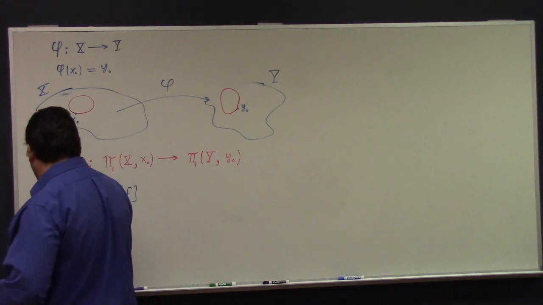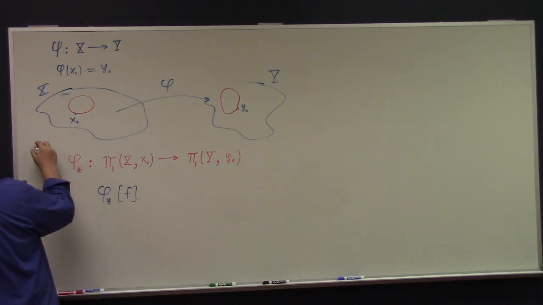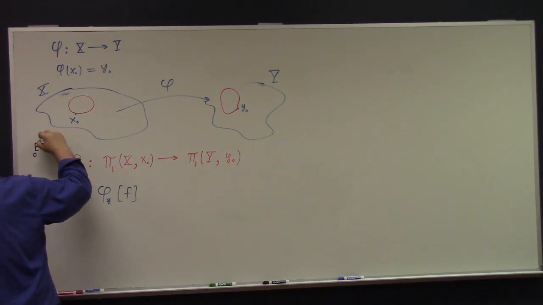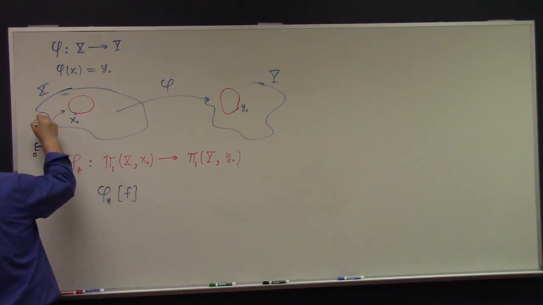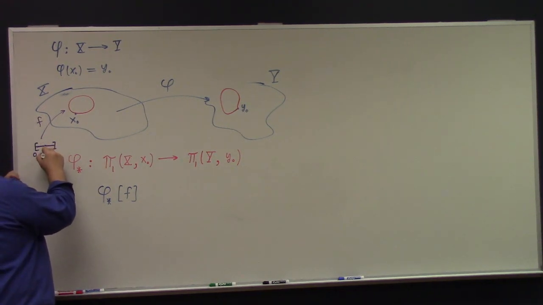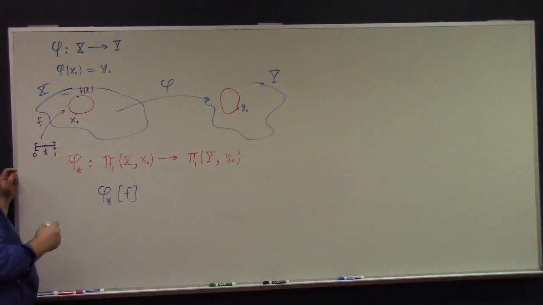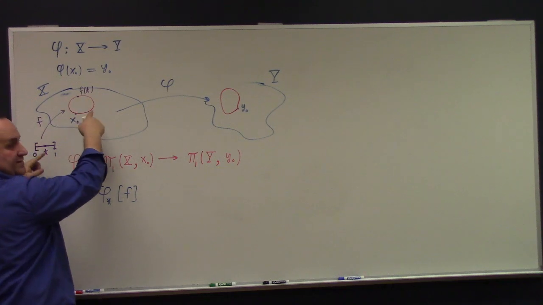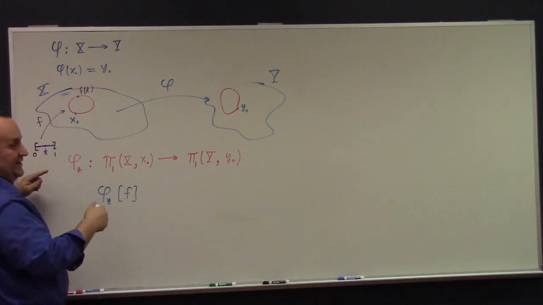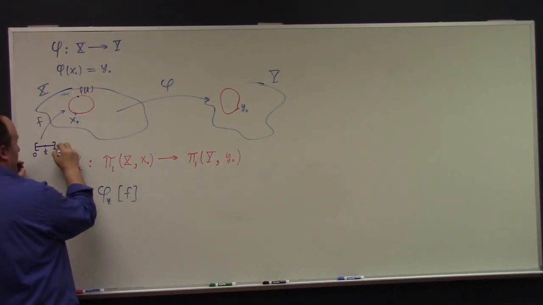So you've got this unit interval from 0 to 1, and if this is f, you're taking a point here, say t, and a typical point would be f of t. And I'm trying to use this path to create a path over here. How do I get from here over to there? I want to just do this, right?